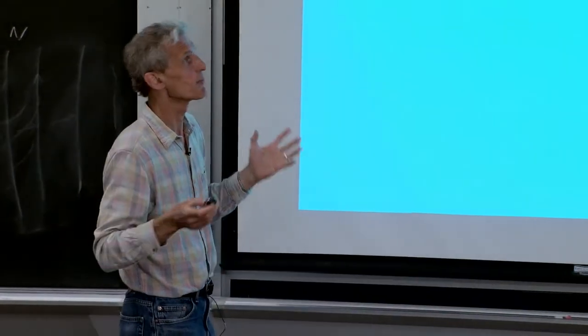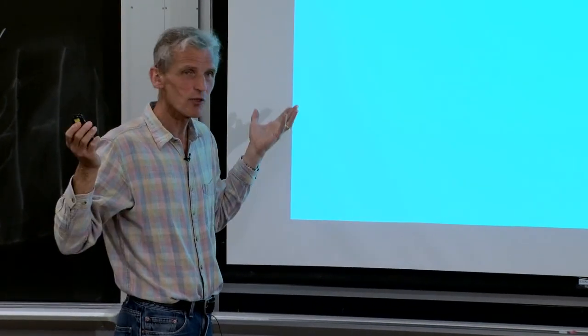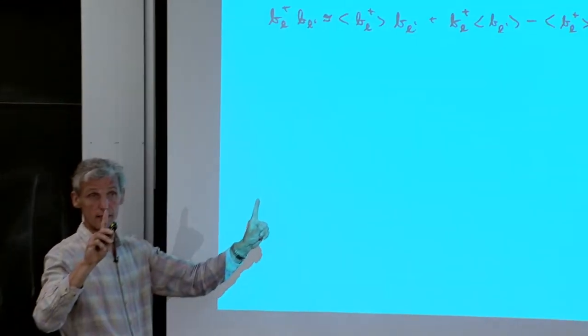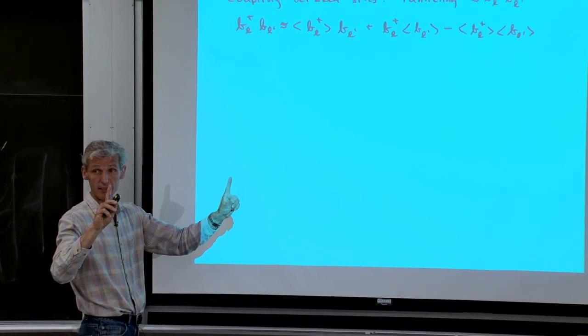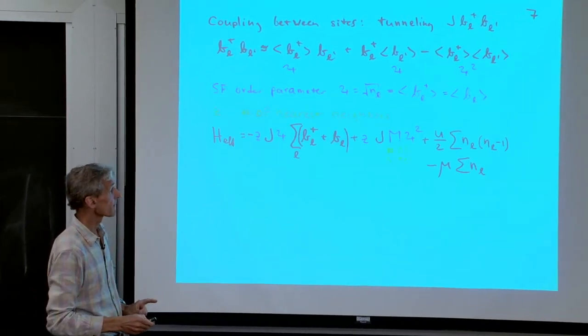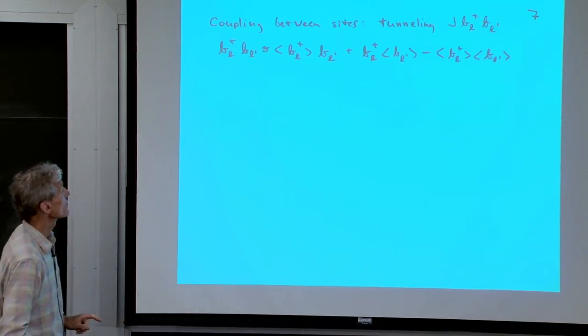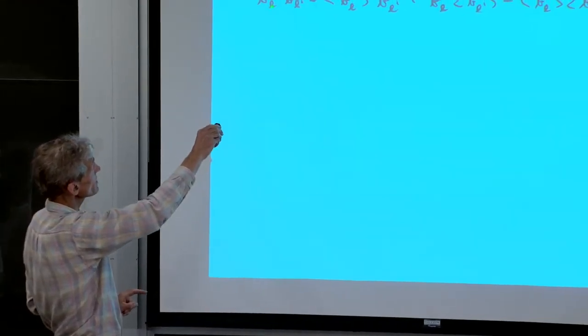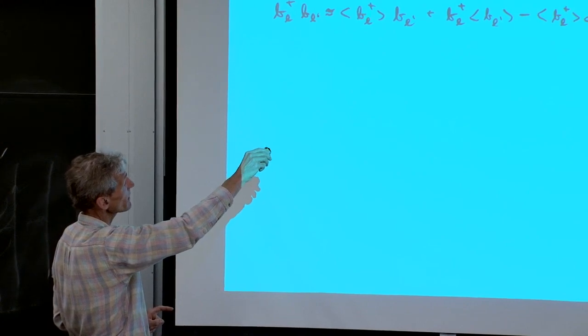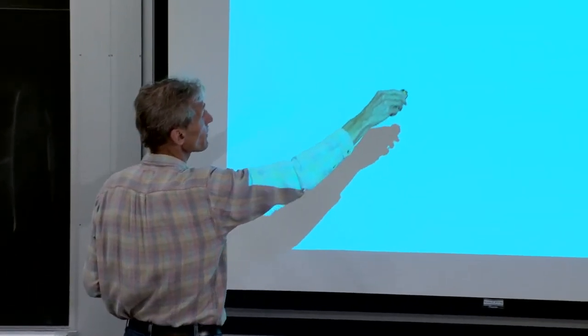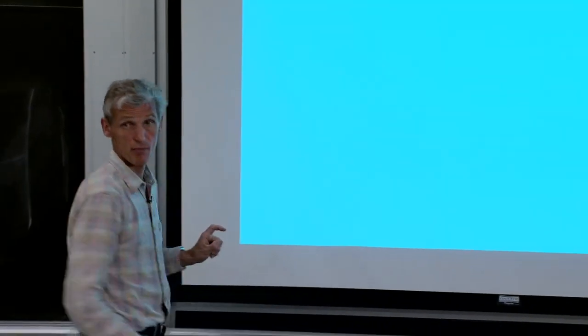This involves products of operators. And I told you, we want to get rid of products of operators to get something we can easily solve. So we use this product of operators on two neighboring sites, and we use exactly this decoupling approximation. So we replace each operator by an average value, and we neglect the product of the fluctuations, and then we obtain this, and I've explained to you where the minus sign came from.